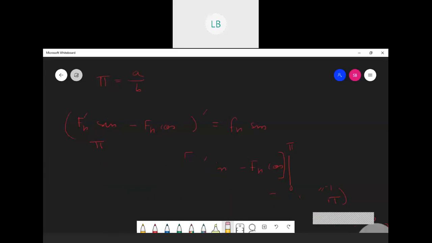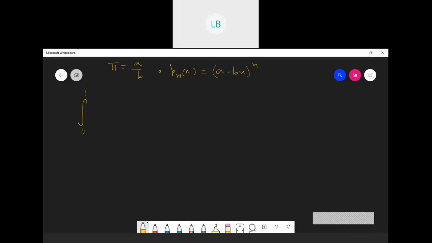By using claim 2, let me also write down what we assume here. We assume pi is a by b, and we assume p n x is a minus b x whole power n. And now we got the integral from 0 to pi of f n sine is equal to capital F n 0 plus capital F n pi.